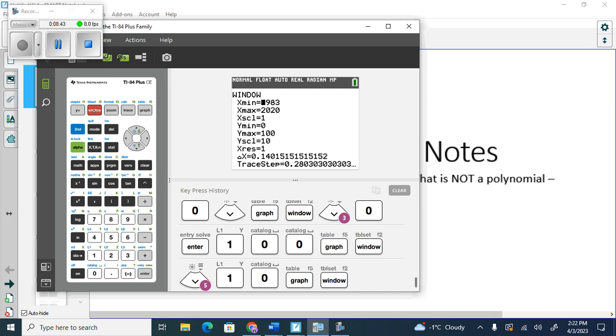That's 1983, and then 2020. Lowest distance is 0.